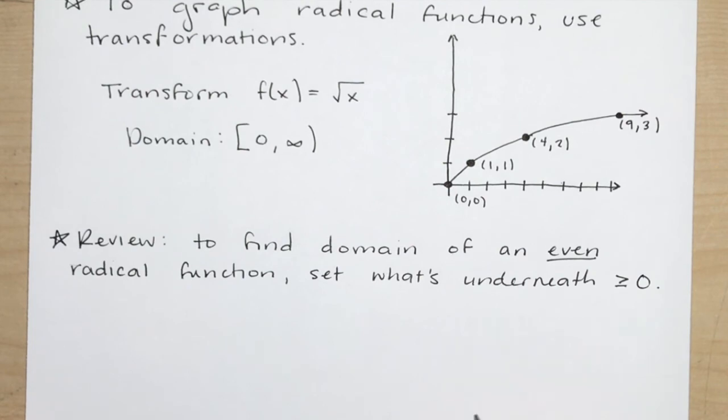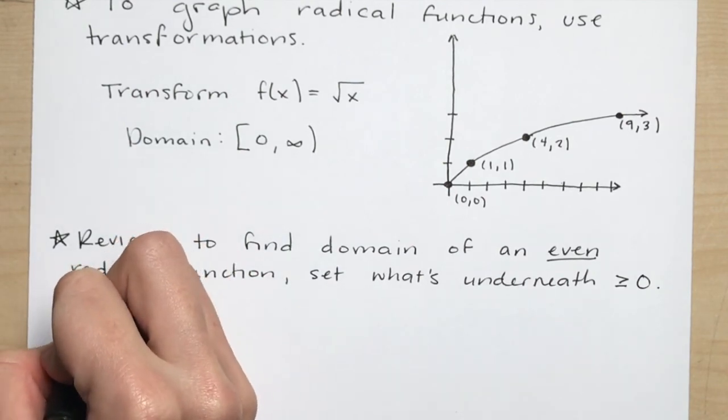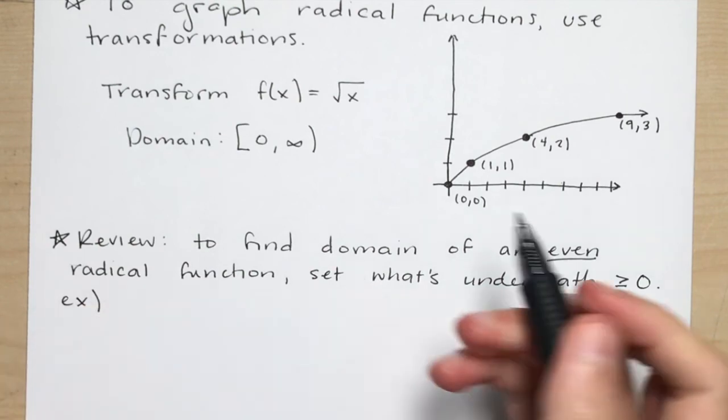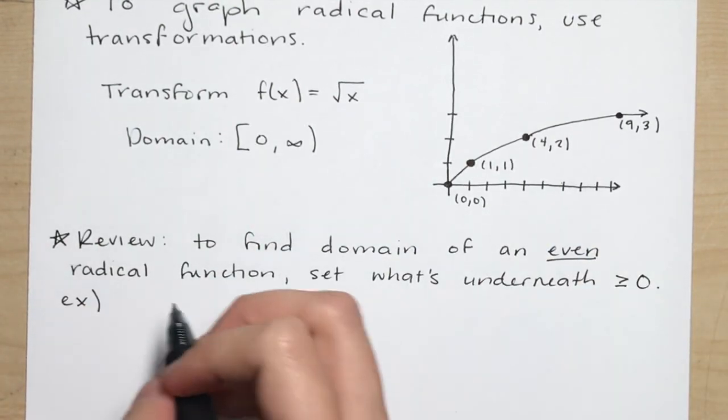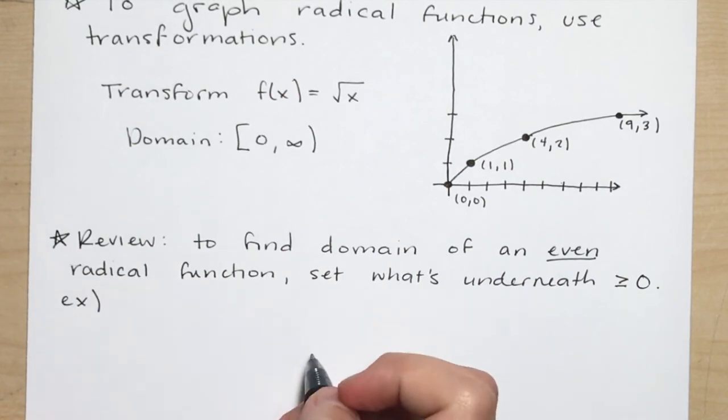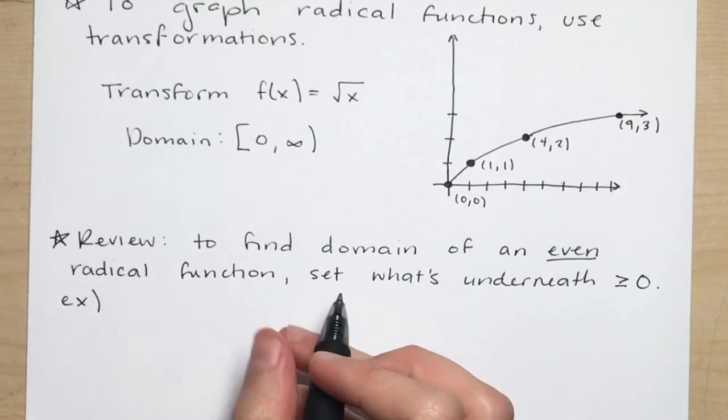So, for example, this is just a refresher. If you feel really shaky with this, I would encourage you to go back and look at your notes for finding domain symbolically from Module 1.